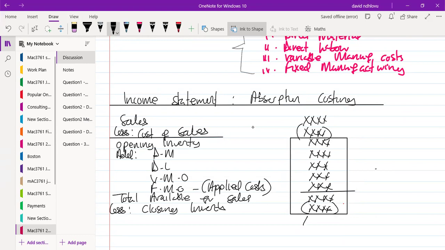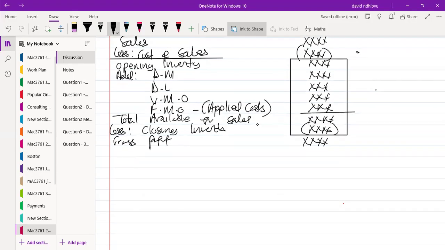Right, sales minus cost of sales, you then get your gross profit. So anything included in the cost of sales is a manufacturing cost. Anything not included there is a periodic cost. Then you say less periodic costs.